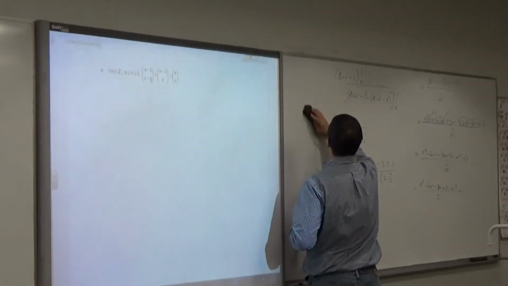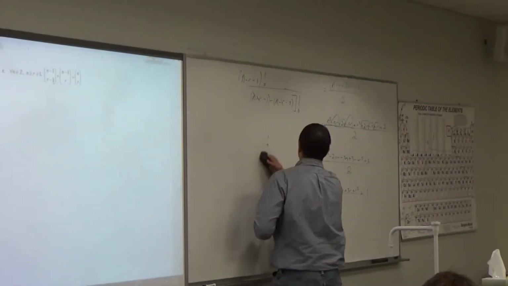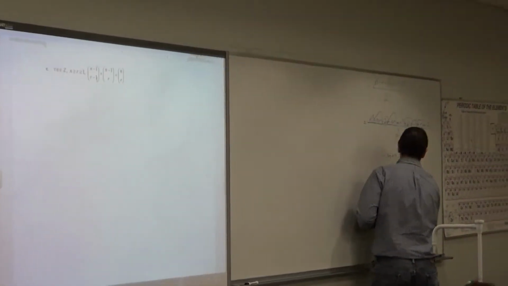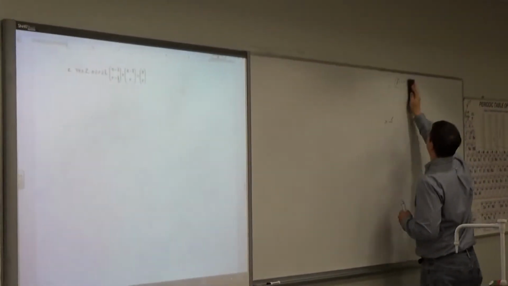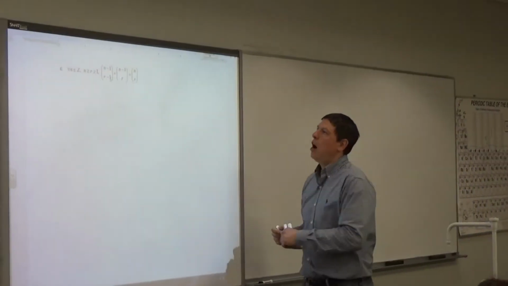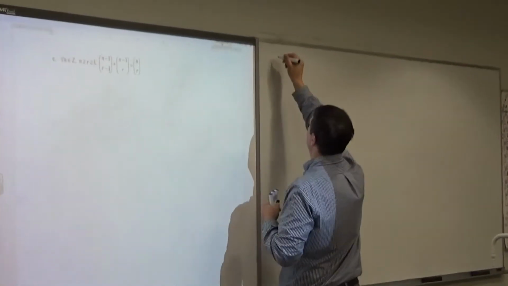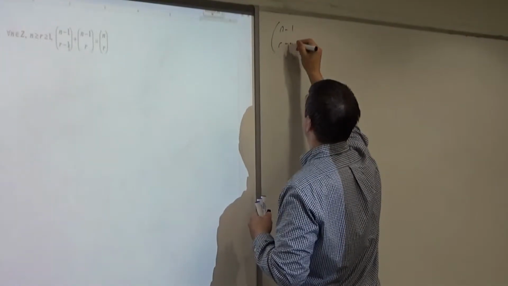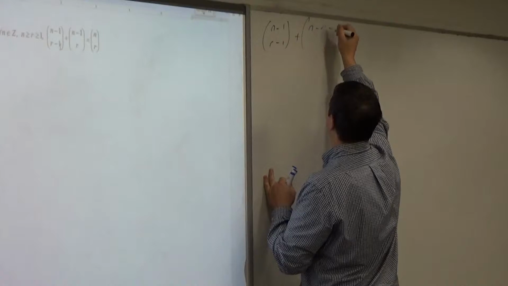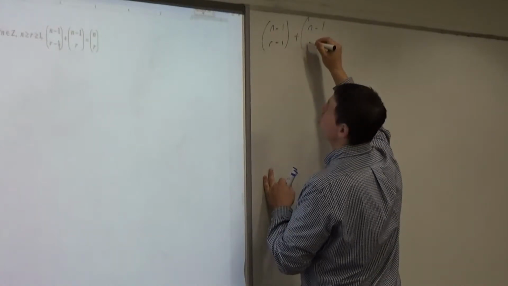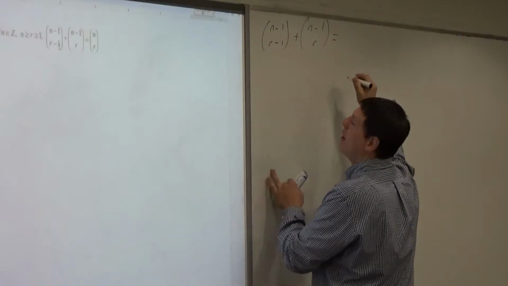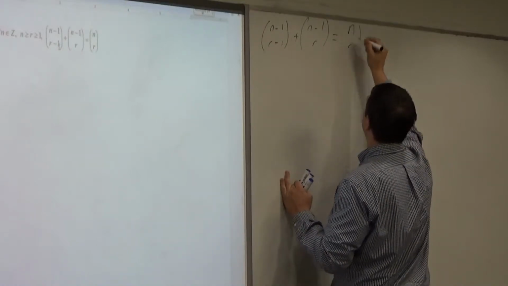We'll probably need both boards to be able to do it, but this is our proof of Pascal's triangle. All right, so I want to say that n minus 1 combination r minus 1 plus n minus 1 combination r is equal to n combination r.